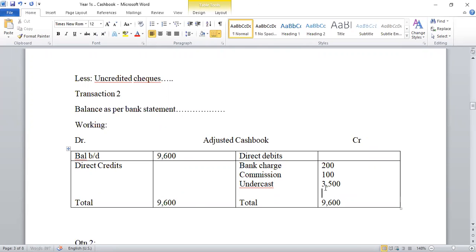This is 3,800, so I can add 600. Okay, this will be my balance. I hope I've not made an error like up there. The balance carried down is the balance that you bring here in your pro forma.